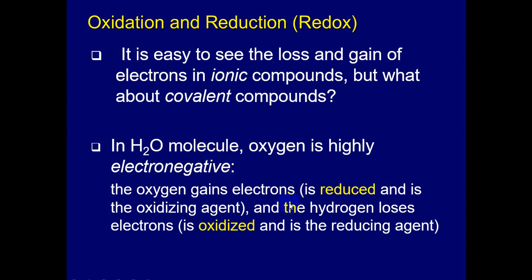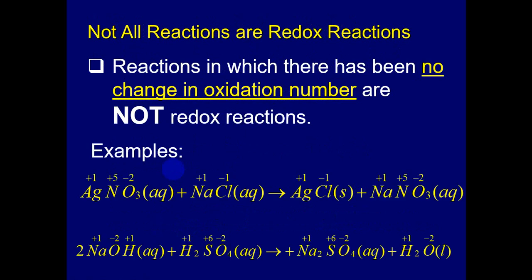The oxygen gains electrons. When oxygen gains electrons, it's reduced and is the oxidizing agent. And the hydrogen, we are talking about the water molecule, H2O, loses electrons. So when hydrogen loses electrons, it becomes what? Oxidized, and is the reducing agent, as explained.